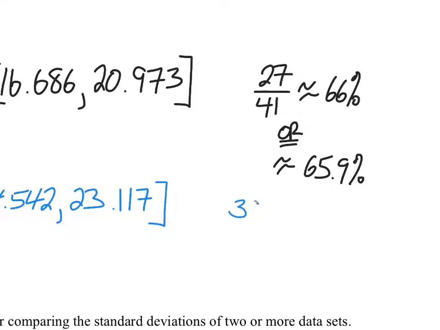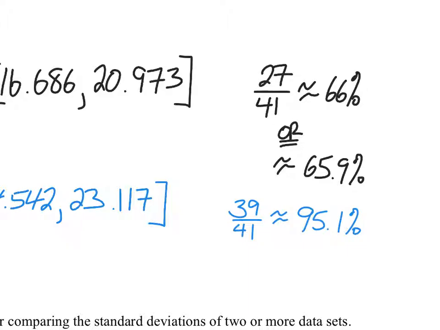So 39 out of 41, talking about 95.1%. So that seems to check out. If you were on the fence with the first set of calculations, this is starting to confirm that it's looking like a normal distribution.